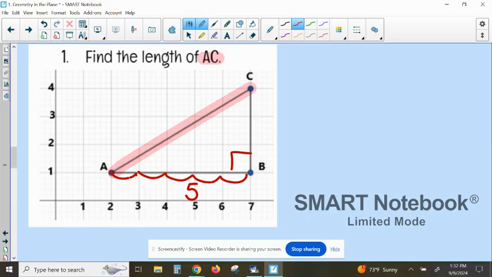Okay, any other side we can find? B to C. How many bubbles? Okay, can I count diagonal bubbles? No. Write yourself a note. Never count diagonal bubbles when we're trying to find length. No diagonal bubbles.